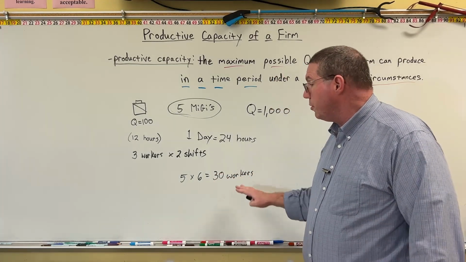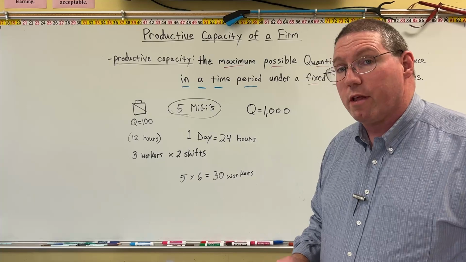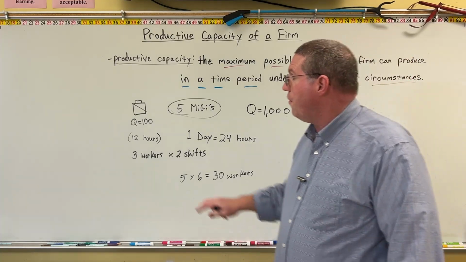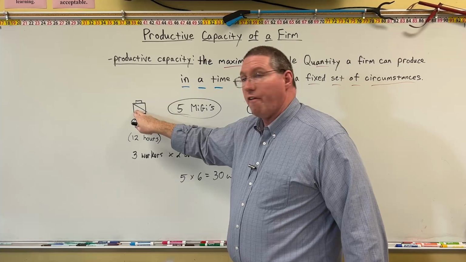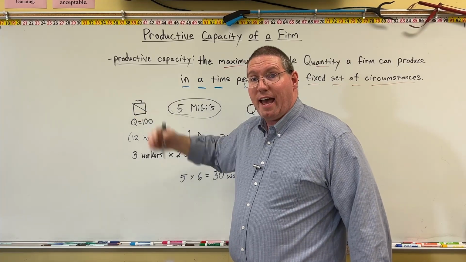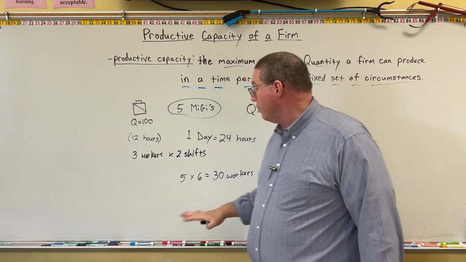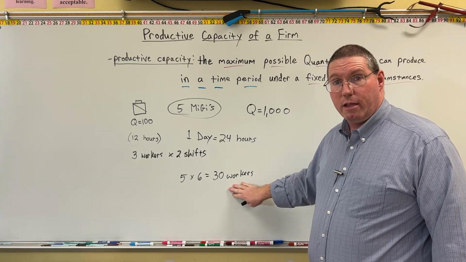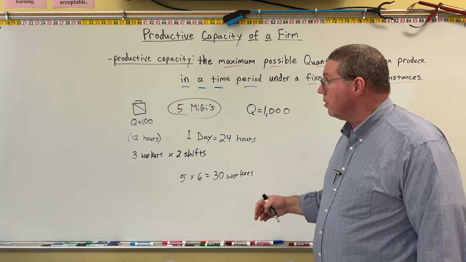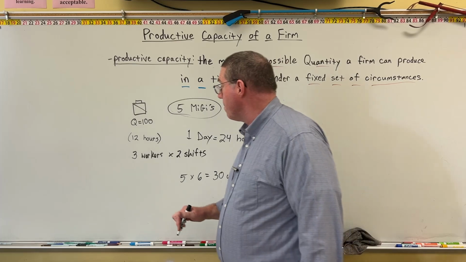Now I want to remind you that workers are a variable resource. And so we just used the productive capacity of a fixed resource to help us know how much of a variable resource we can have in the company, okay? Similarly, we can do the same thing with wood chips.